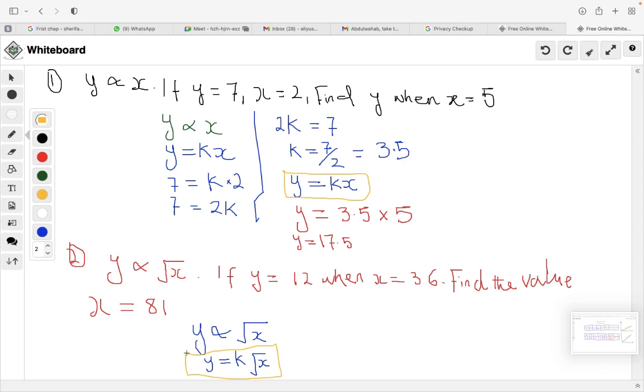The first thing said, if y equal to 12, we're going to start substitution straight away. Okay, let me erase this.